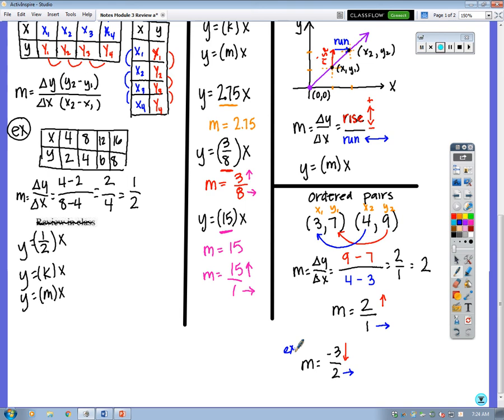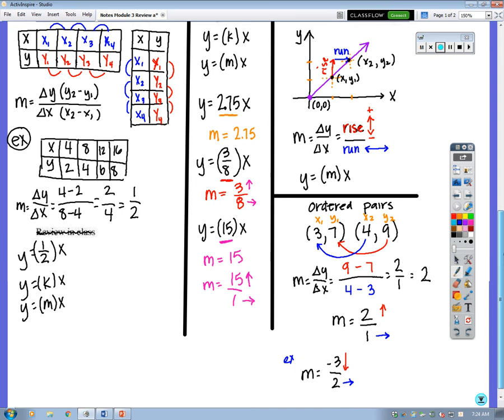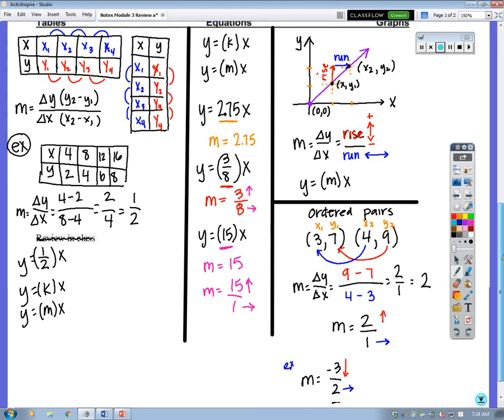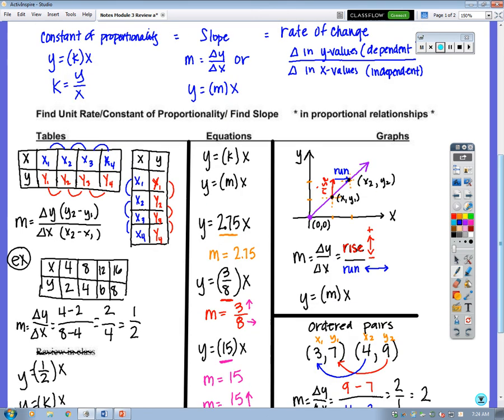Okay, so that is the quick, hopefully quick, and comprehensive version of what we have done this last module. So remember, here's the big thing: constant of proportionality is equal to slope is equal to rate of change.